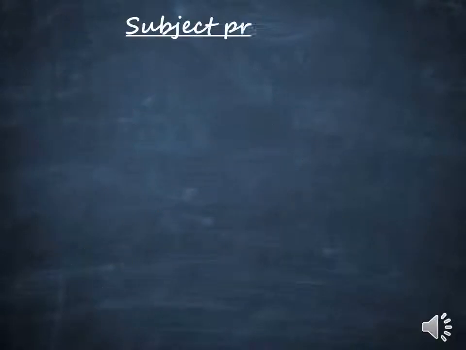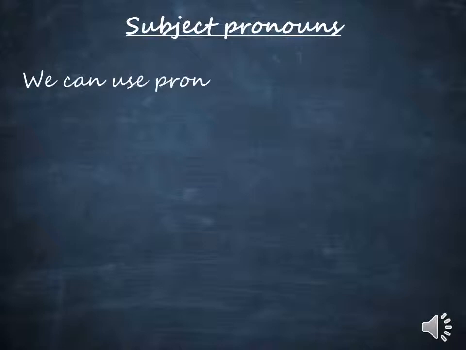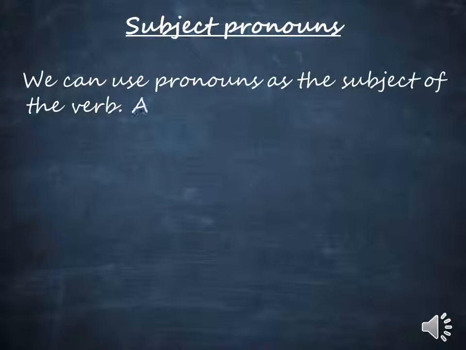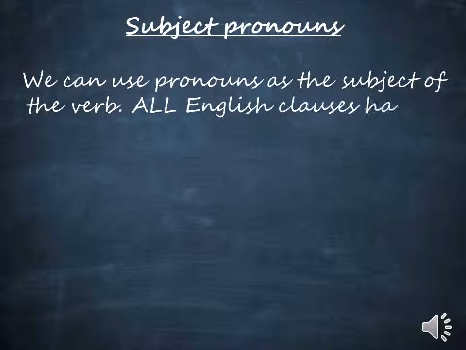Now, let's take a closer look at the subject pronouns. And remember, the subject is the word in the sentence that is performing the verb. It's not the one that's having it done to it, it's the one that's doing it. Okay?